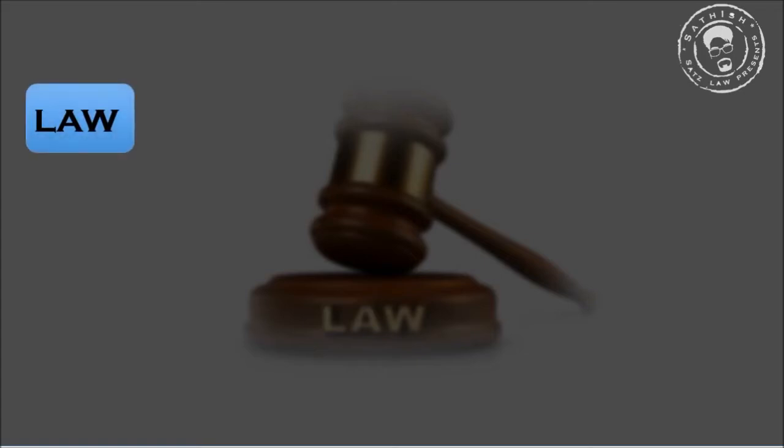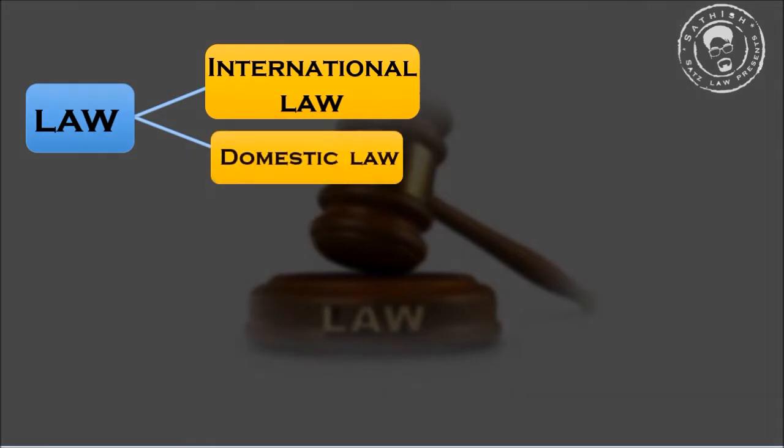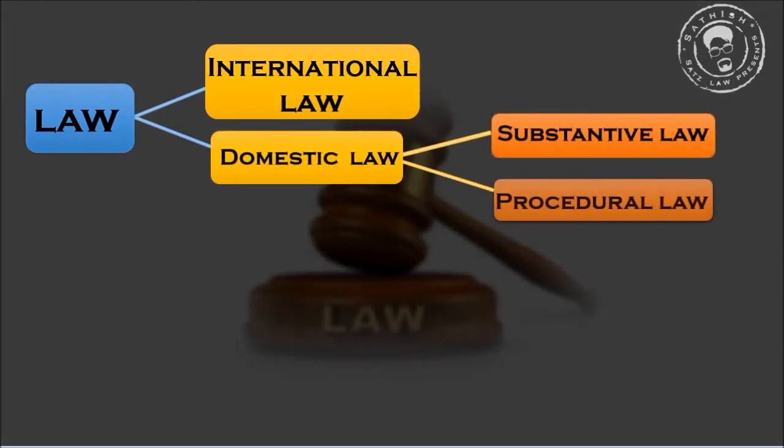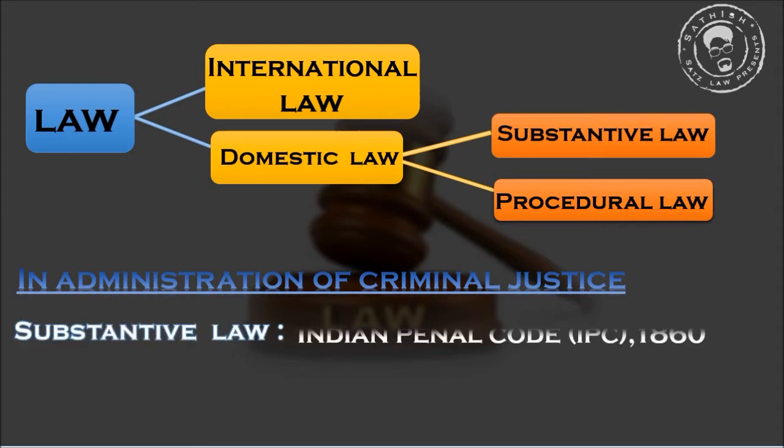Law is usually divided into international law and domestic law. Domestic law is further divided into two types, that is, substantive law and procedural law, in the administration of criminal justice. The Indian Penal Code 1860 is considered a substantive law because it gives the definition of a crime and imposes the punishment for that crime.